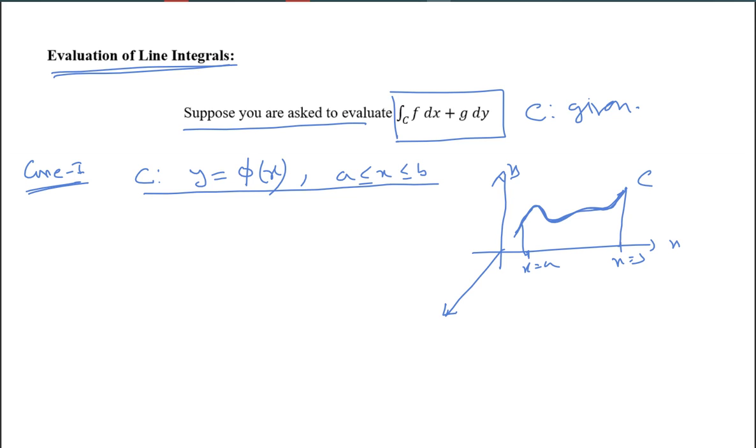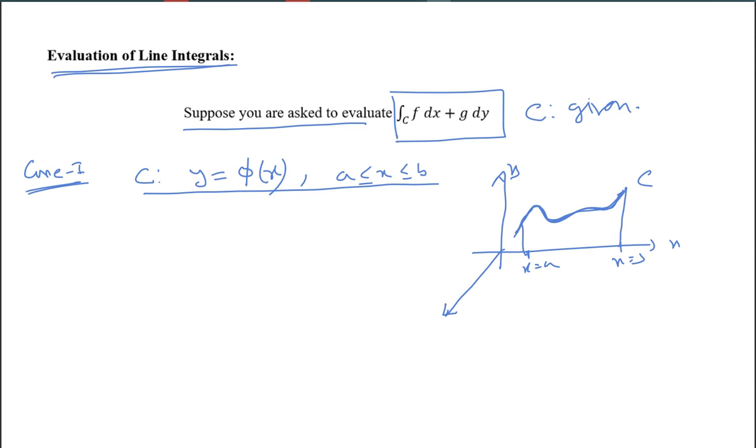So if y is equal to phi of x is the given curve, what you will do? You simply write y is equal to phi of x. You put y is equal to phi of x over here, and take the limit x equal to a to b.